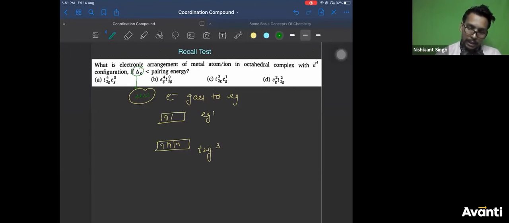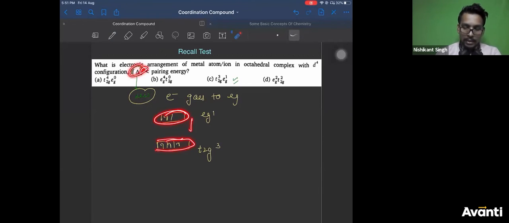So the correct answer is C indeed. Those who have answered A and B, is it clear now? Your delta O is less, meaning the T2G and EG gap is less. This is delta O. So after 1, 2, 3, since the gap is less, the fourth electron can easily jump here.